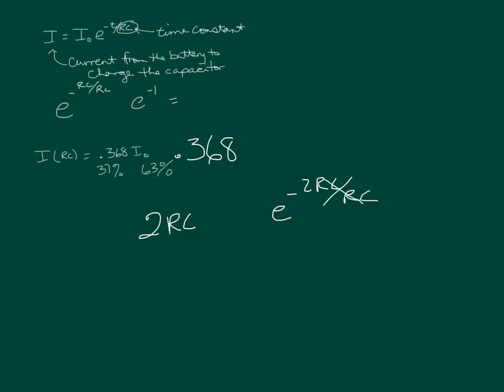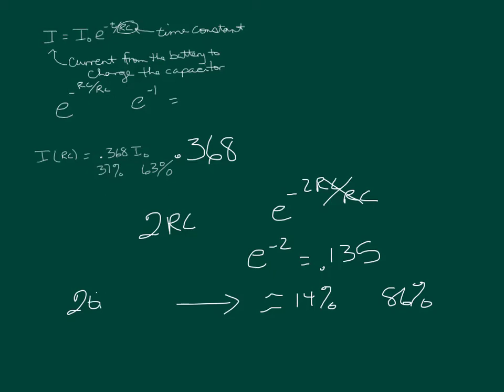So the RC's cancel. So we have really e to the negative 2. So e to the negative 2 is 0.135. Which will mean we're going to have 14% of our current left, or 86% of our current. So this is after two time constants.